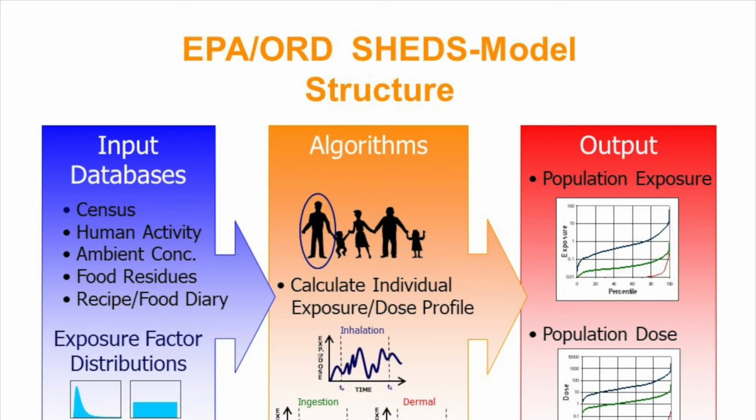Now the algorithms, of course, depend on the pathway of exposure, the route of exposure. The inhalation algorithms depend on the breathing rates, and they're fairly standard. Ingestion depends on quite a bit in terms of what time people eat, how much they eat, and what kind of food they eat. And dermal information is also very complicated because it depends on the age of the subject and the activities of the subject.